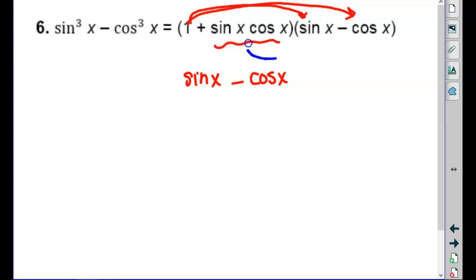If I distribute this, what do I get? Sine x cosine x times sine x. Sine squared times a cosine, or cosine times a sine squared, either way.